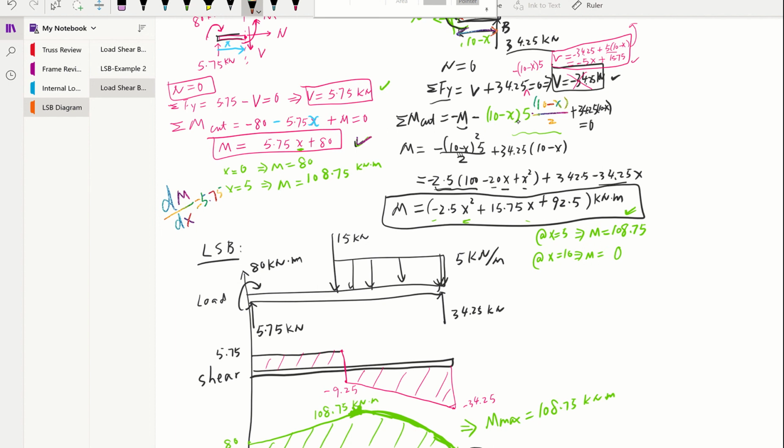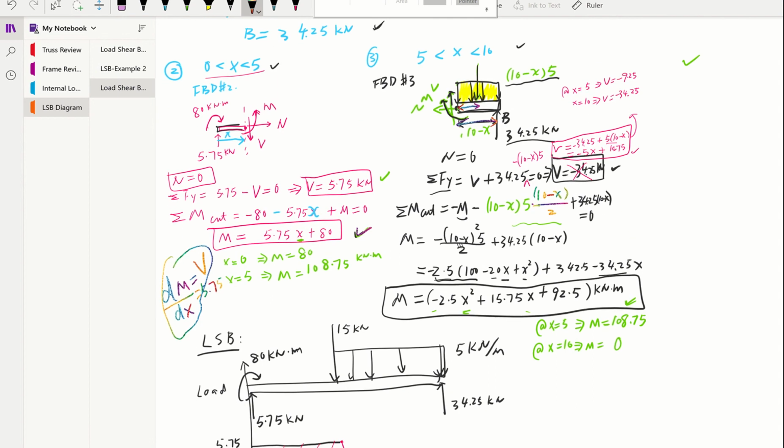Yes, which happened to be our shear. Interesting, huh? Now let's see if this finding applies to the second half as well.